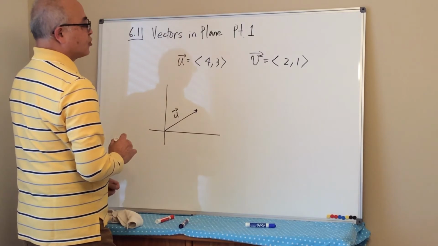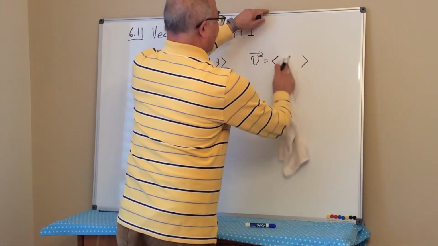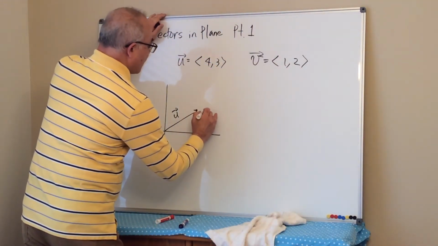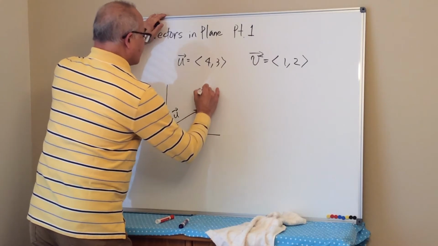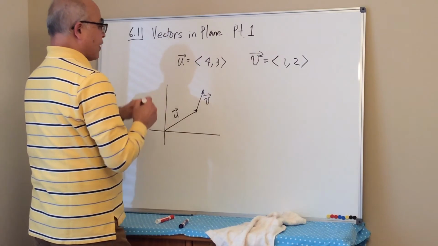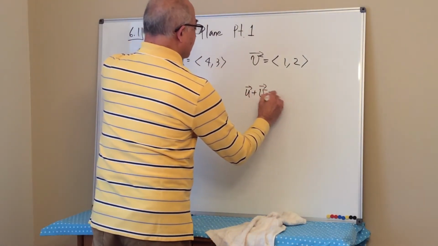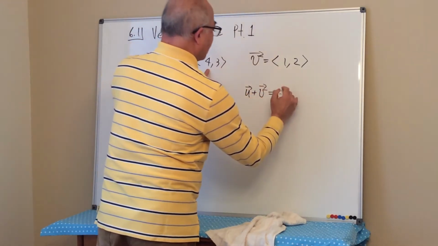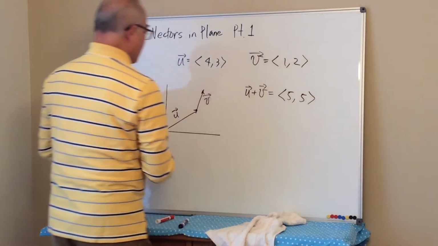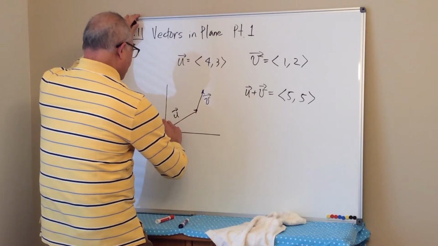And we're going to add the vector 2, 1. So I add it, and it's going to look like that. That is the v vector, and the resultant vector, if I add these two together, is u plus v, so I add 4 and 2, and I get 6, 3 and 1, I get 4.